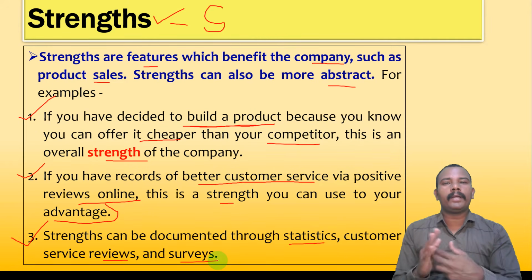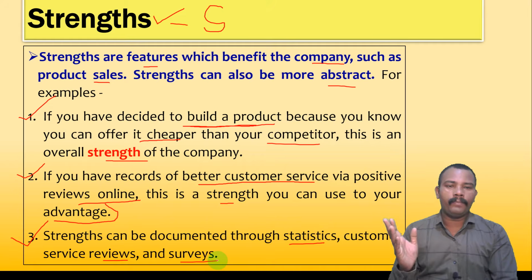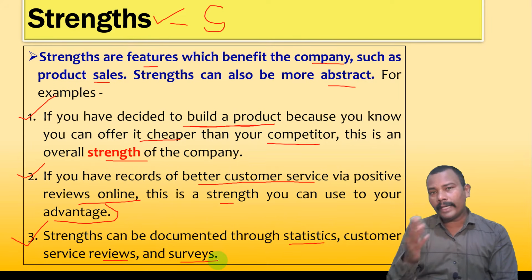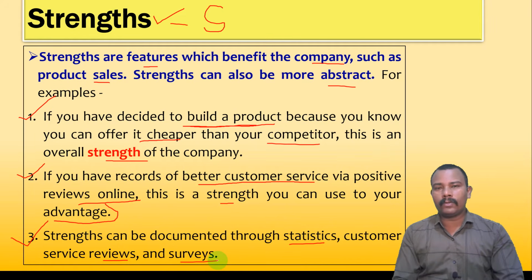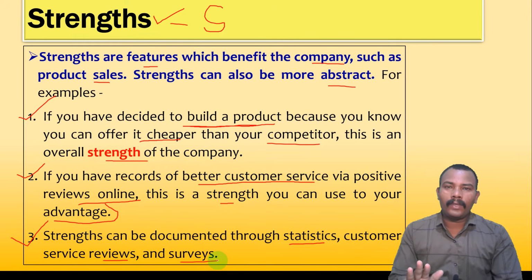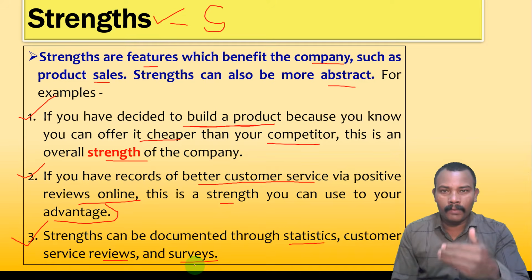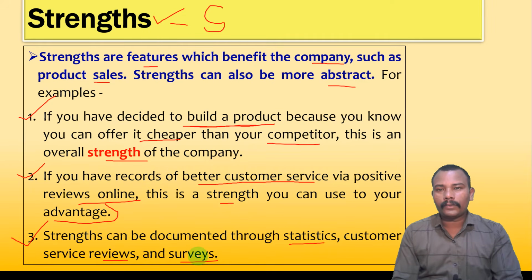Online survey can be done. You can send messages, you can get the feedback, and through that you can identify your strengths. So dear students, I explained now. S means strengths from the SWOC analysis, and I gave two examples here. What can be the strengths of the firm or the organization?